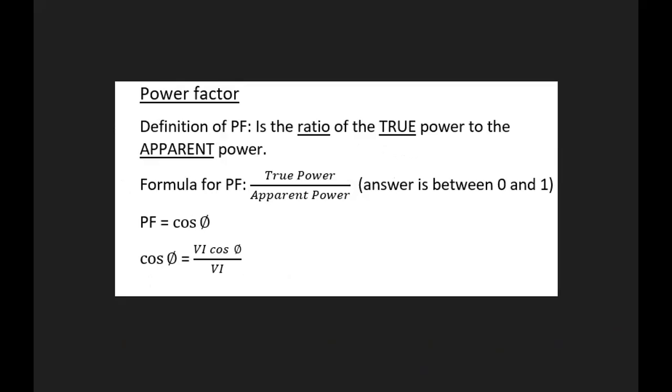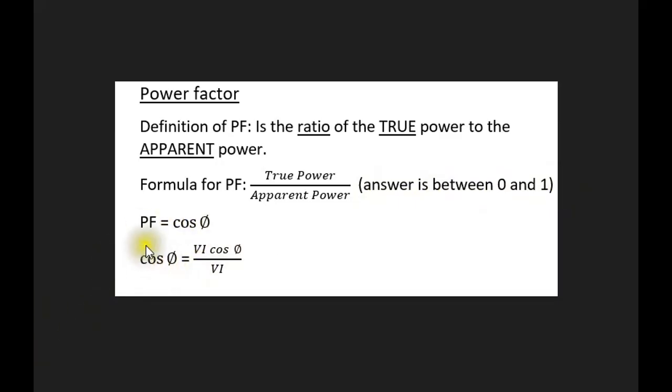Power factor: the definition of power factor is the ratio of true power to apparent power. So the formula for power factor is true power over apparent power, and the answer is anything between 0 and 1, meaning it's 0 point something, but less than 1.